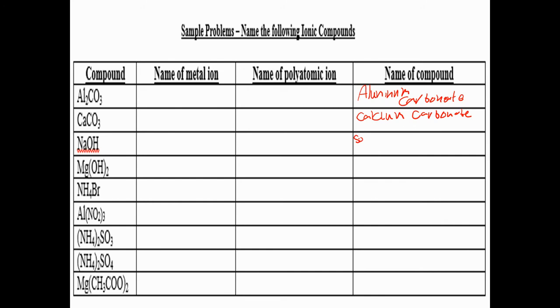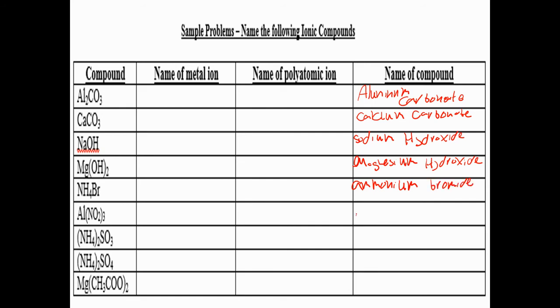Here we have sodium hydroxide. Here we have magnesium hydroxide. Here we have ammonium bromide.